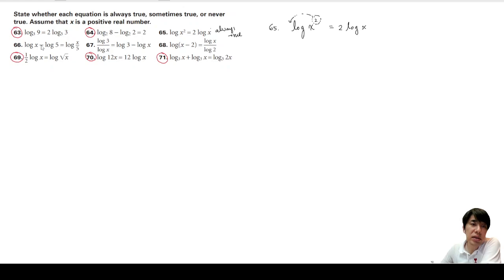This 66 must be always true too, because log minus log basically equals log of x divided by 5. So that's always true. 66 is always true. 67, have you seen something like this? Don't get confused with this, okay? I think I covered this thing in class 2.